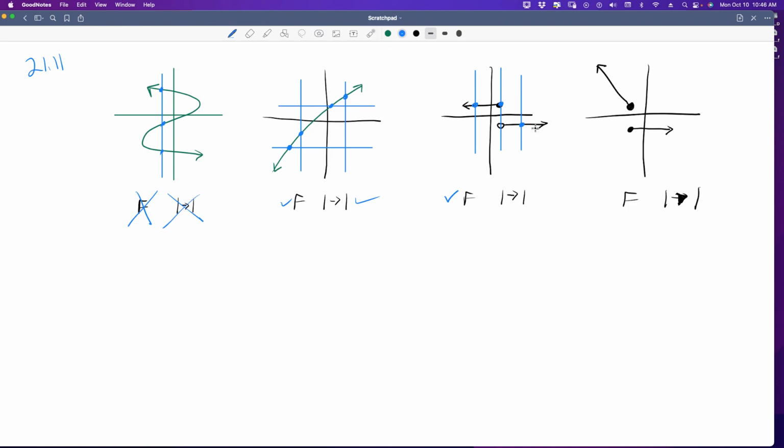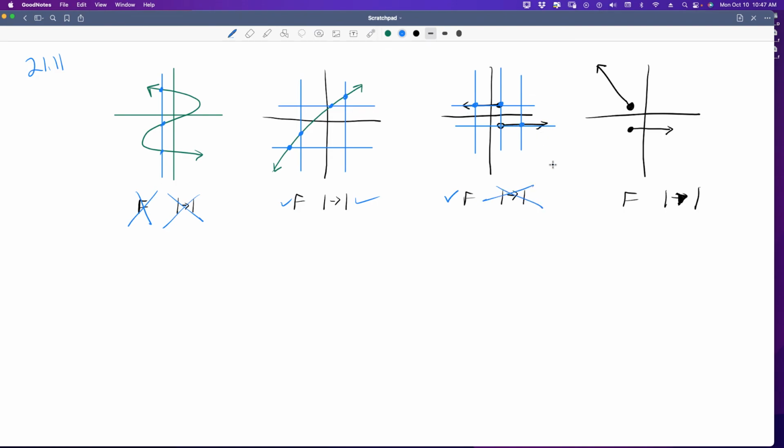But we know that the graph of a function may be broken, or as us mathematicians might say, discontinuous. It is not a 1-to-1 function because it does not pass the horizontal line test. And it does not pass the horizontal line test because of this. When we draw this line here and we draw this line here, we get multiple intersections here and multiple intersections here. So it's not 1-to-1.